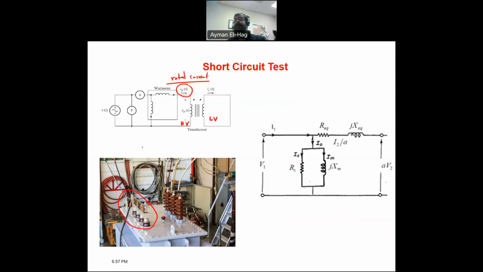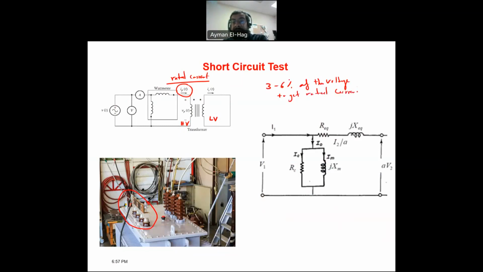Now, the same point I made about the open circuit test, can we reverse? Can we apply the voltage from the low voltage side and short circuit the high voltage side? Theoretically, I can. Practically, I cannot. Why is that? Because in the short circuit test, I will need 3 to 6% of the voltage to get the rated current.